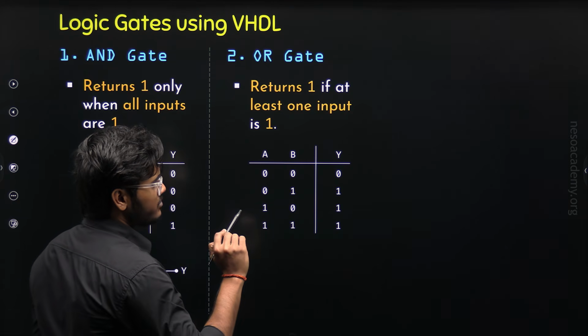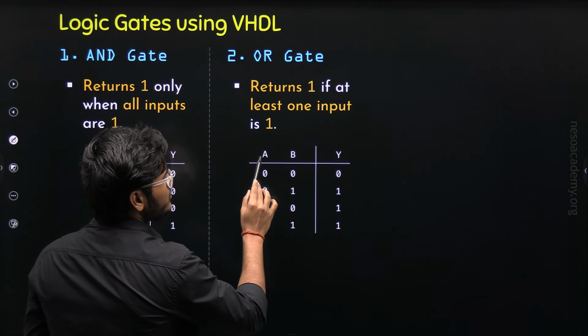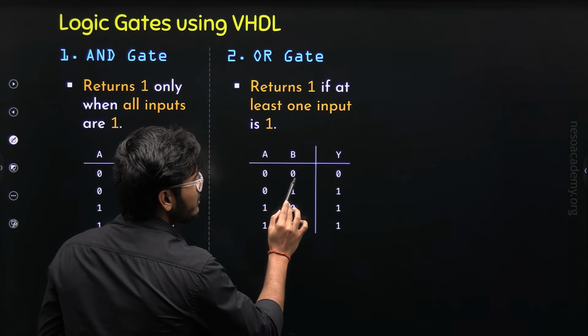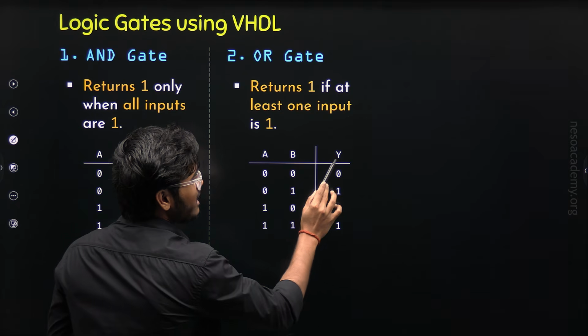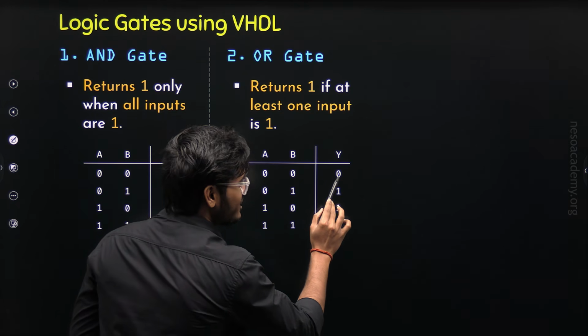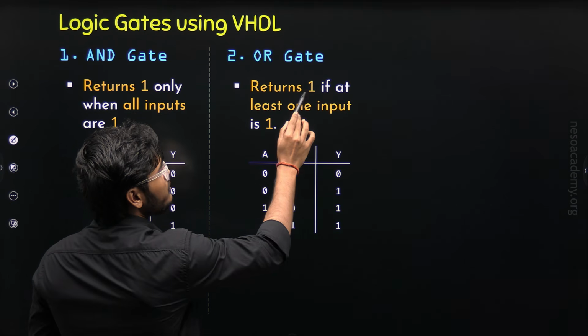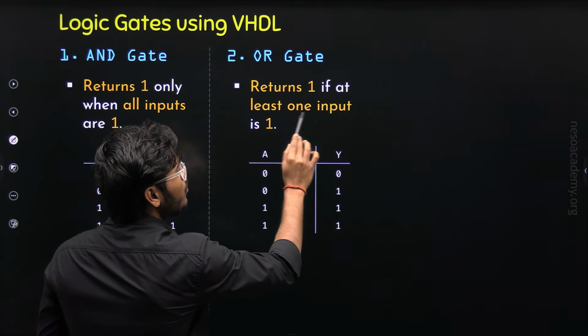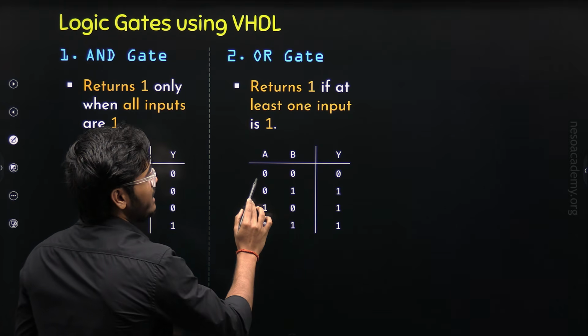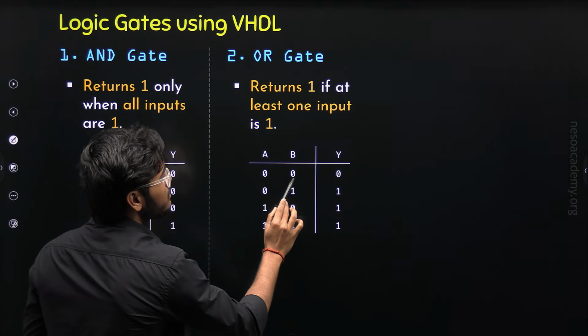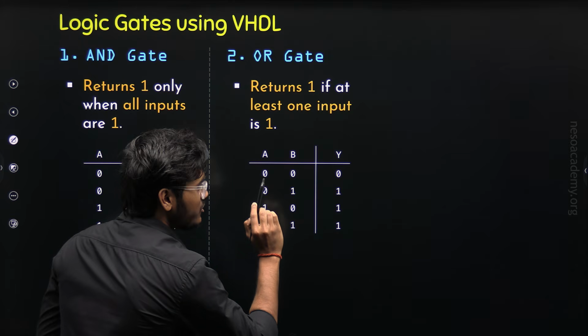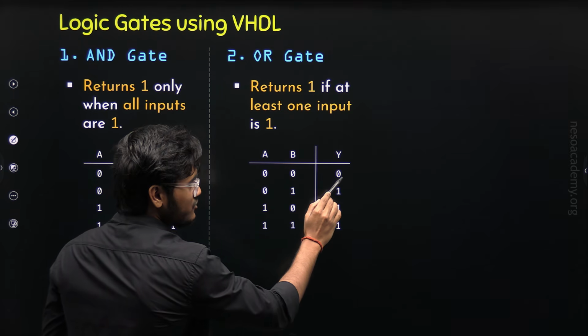Now look at the first input combination. When both inputs A and B are equal to 0, the output Y is 0. Because as per the definition of the OR gate, output will be 1 when at least one input is 1. And here in the first input combination, both inputs are 0. Therefore, the output is 0.